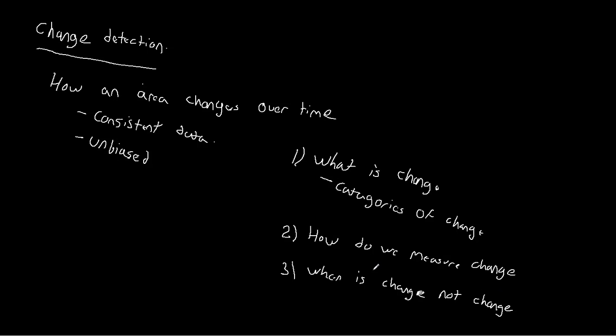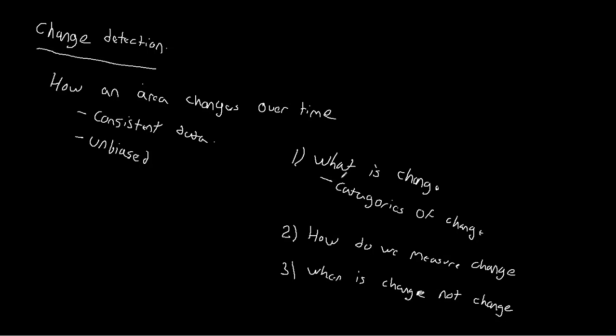And what I mean by when is change not change is basically the errors that can occur in change detection. When are we saying there's change, but in the real world, we actually don't have change?